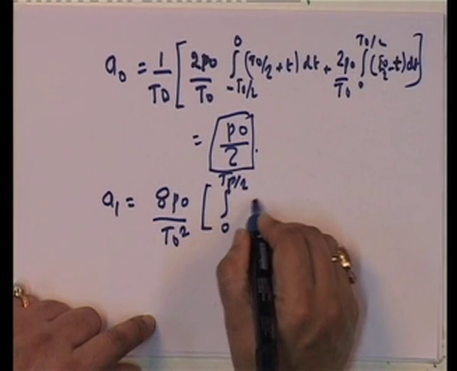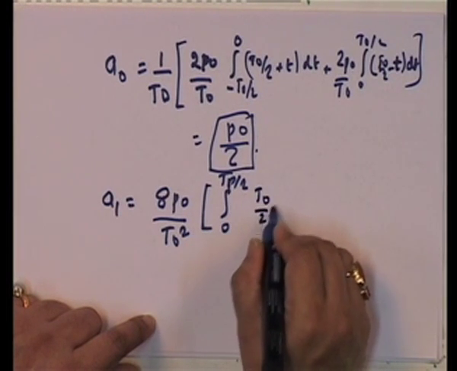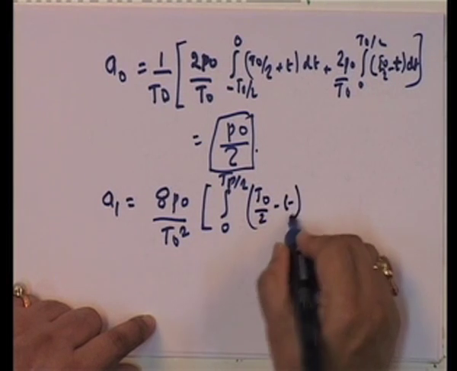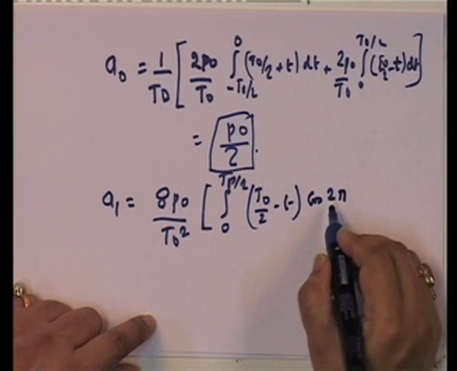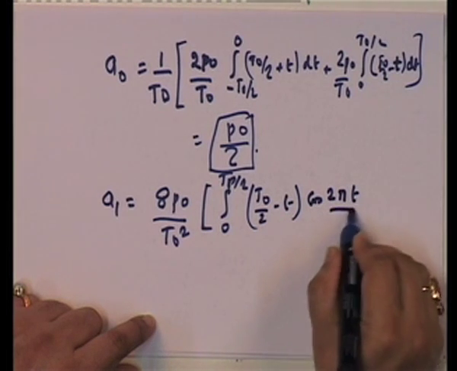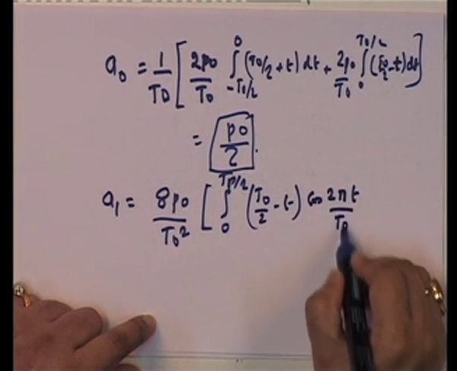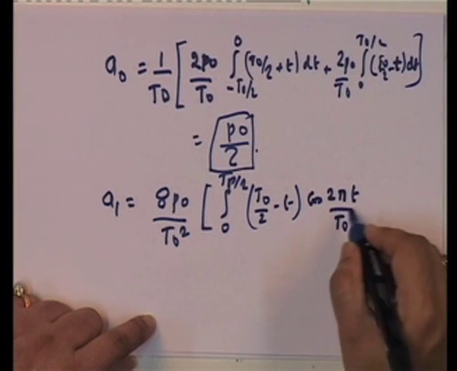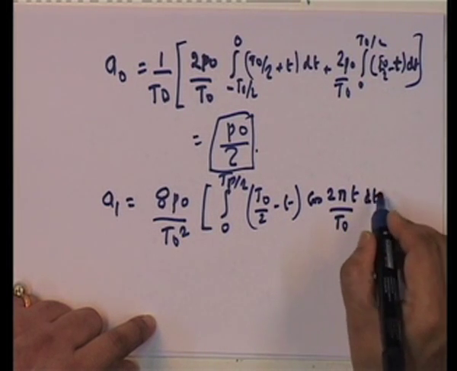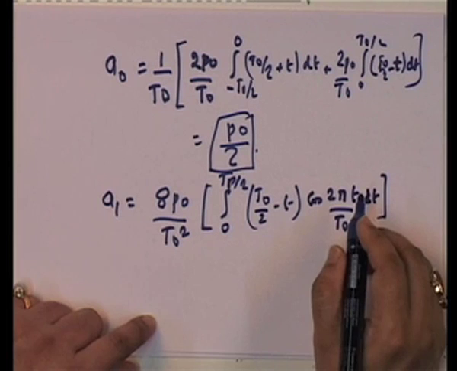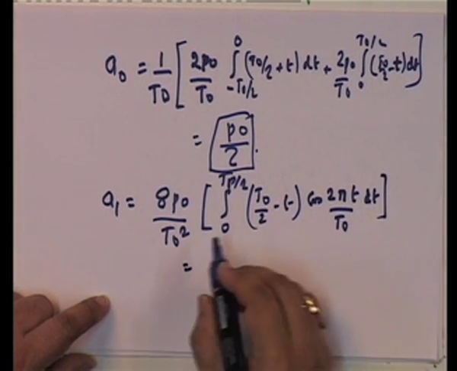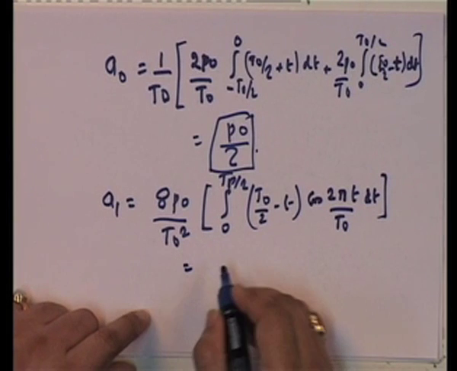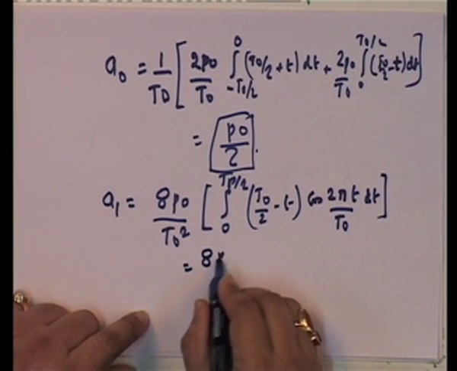Okay. So, I get T naught upon 2 minus T into cosine 2 pi T upon T naught, because 2 pi upon T naught is omega naught, into dt. And if I go through this process by parts, I am sure you people know how to integrate.